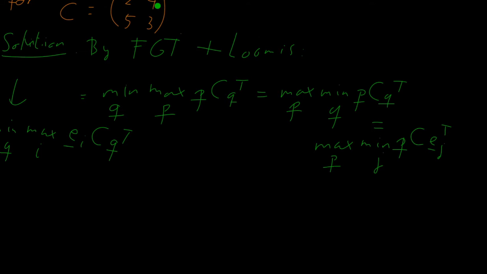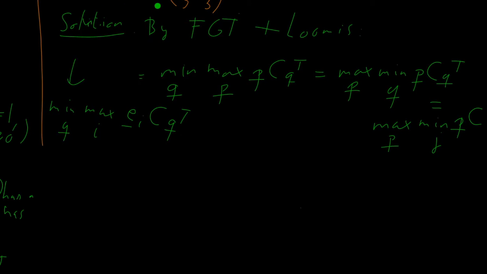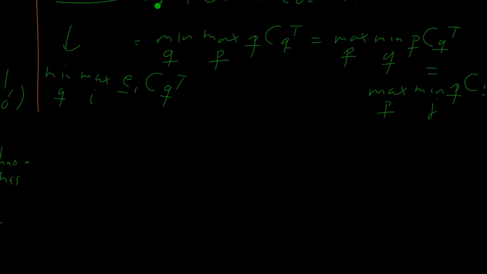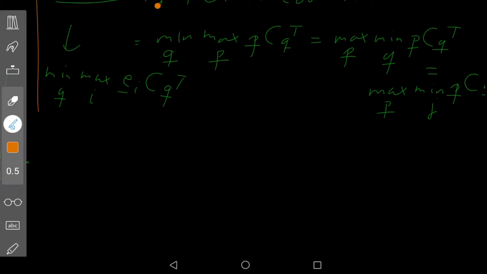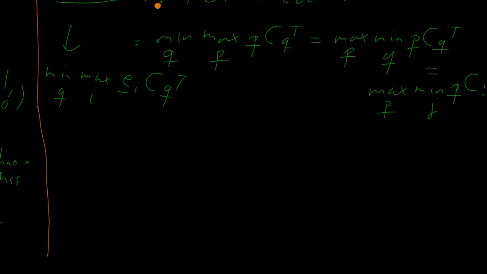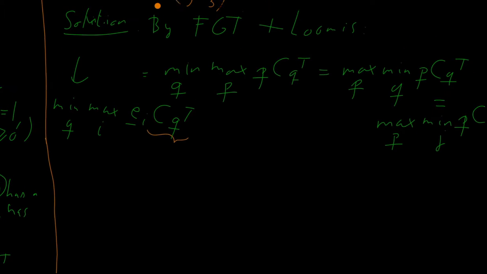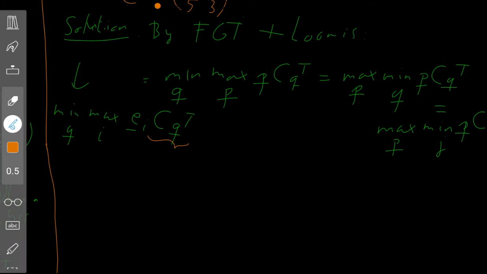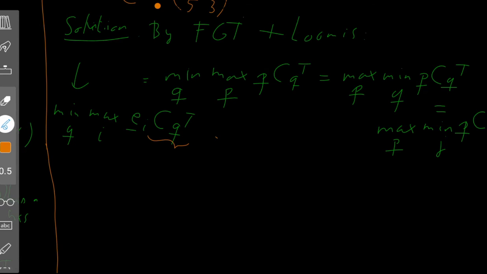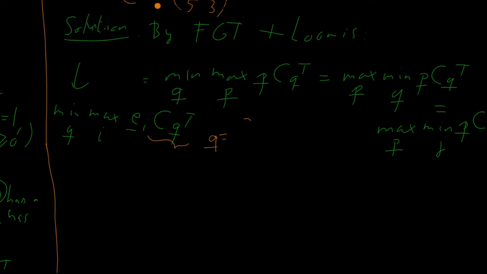Now it seems to be scary, but it's always the starting point for determining a finite game's value, because here this C times Q transposed is, if we just write Q as, say, Q1 and Q2, a probability of choosing the first and a probability of choosing the second column.